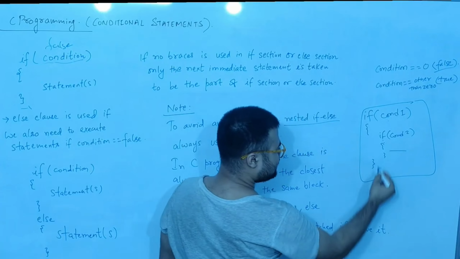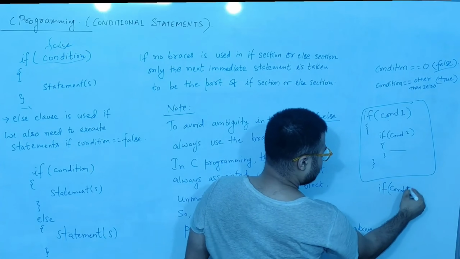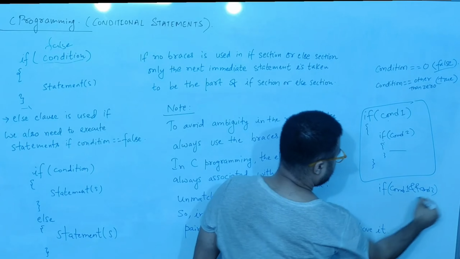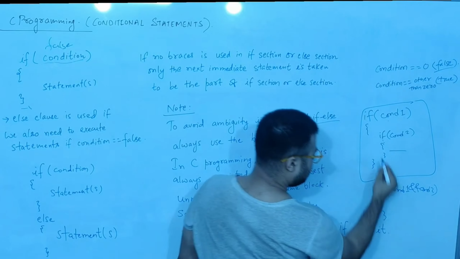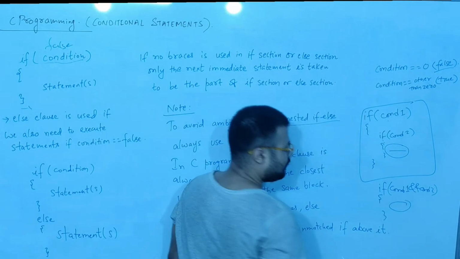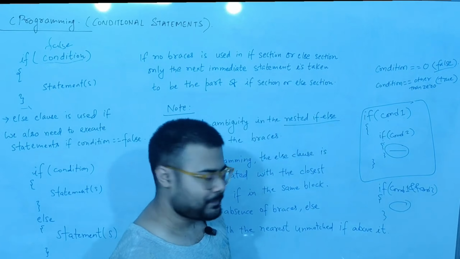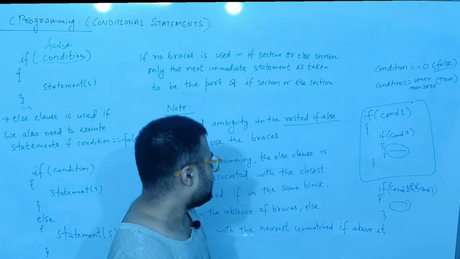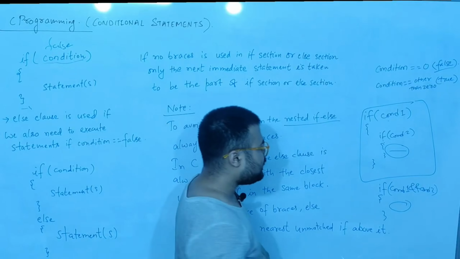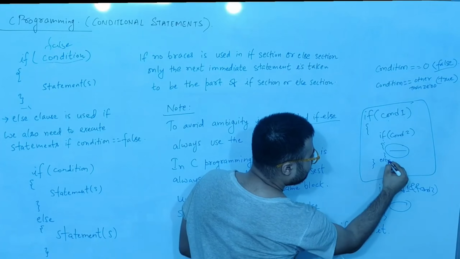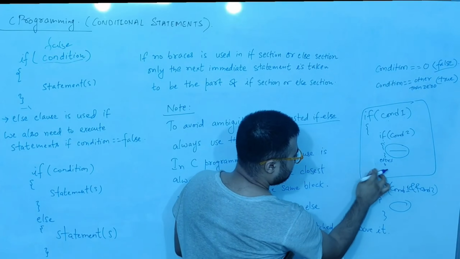Instead of this nested if, what you could have done is if condition 1 and condition 2, and then in this you can write these statements also. Nested if else may also have an else part.